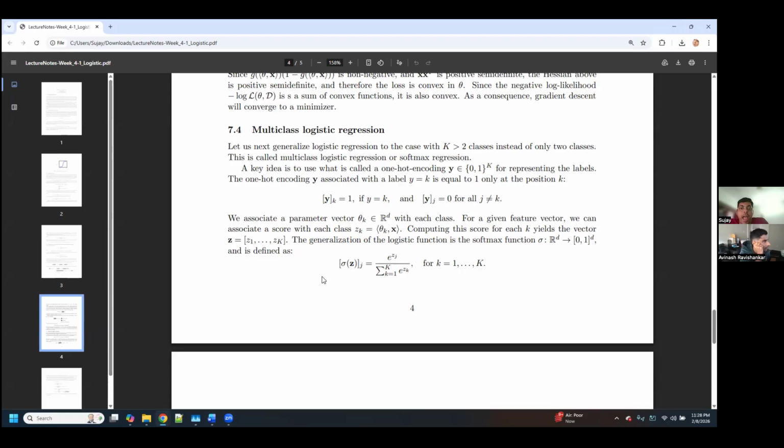Let's say I have cat, dog, and elephant. Between cat and dog, it is kind of a sigmoid. Between dog and elephant, it is a sigmoid. And between cat and elephant, it's also kind of a sigmoid. I was just wondering, because the sigmoid function only indicates two classes, how can I visually see a sigmoid between three?